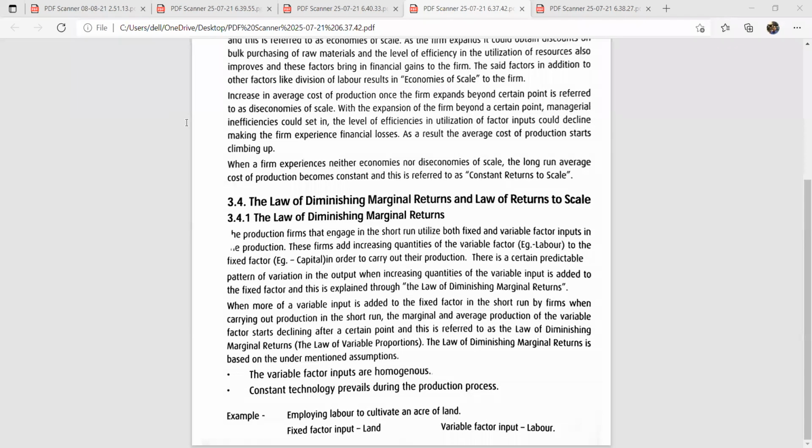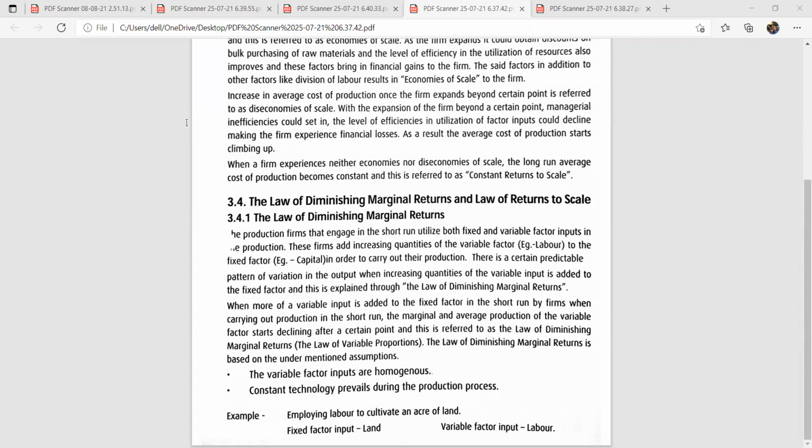So these firms add increasing quantities of variable factors, for example labor, to the fixed factor, for example capital, in order to carry out their production. There are certain predictable patterns of variation in the output when increasing quantities of variable input are added to a fixed factor, and this is explained through the law of diminishing marginal returns.